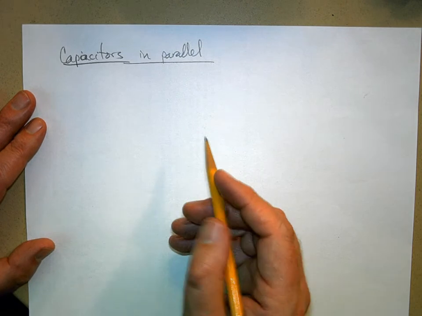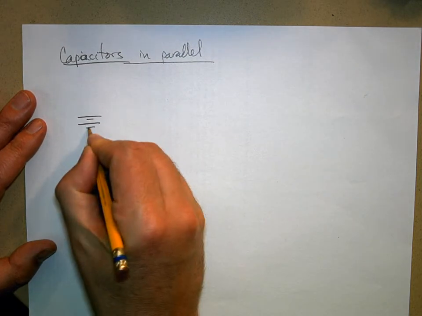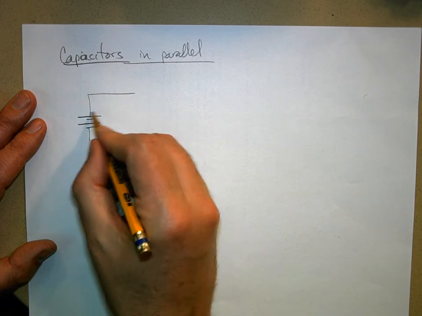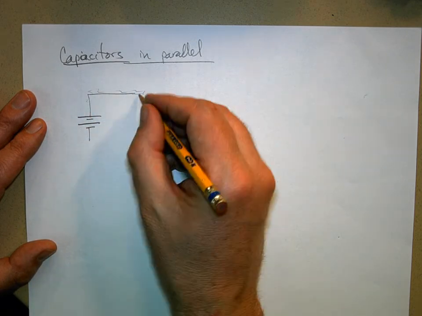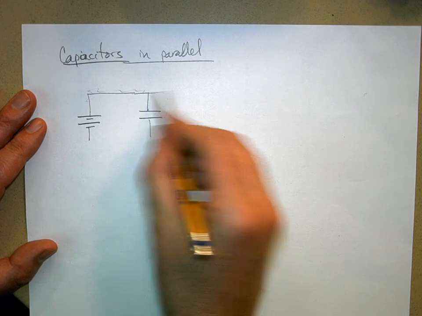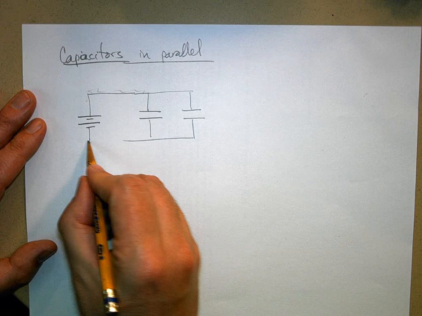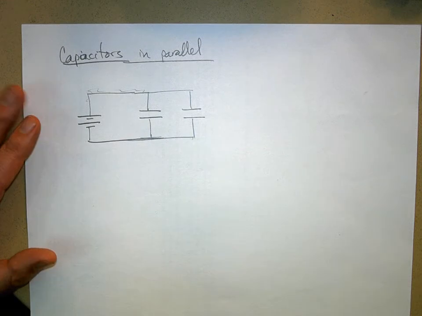That means, here's my battery, and all this stuff is at a high voltage. Then we jump across the capacitor here, or we could jump across the capacitor here, to get back down to 0 volts. So things that are in parallel have the same voltage.